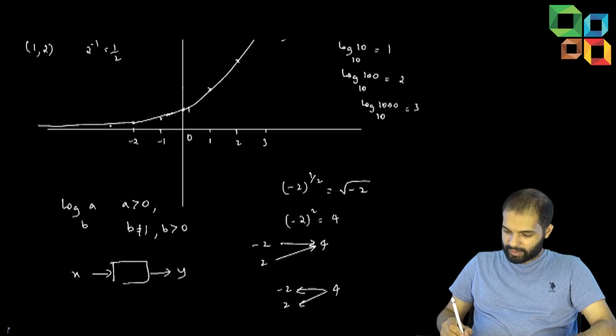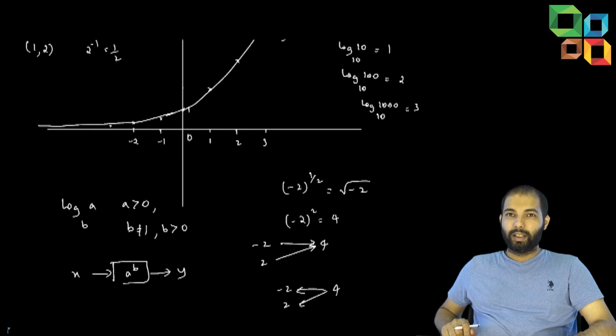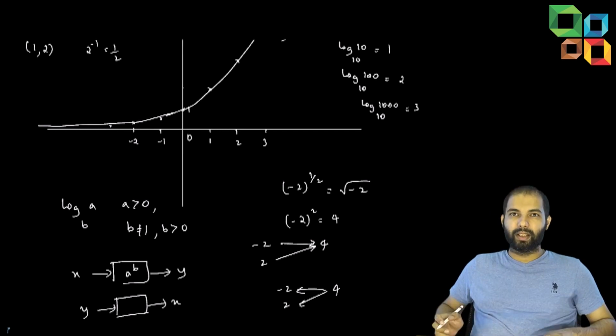Say it's the exponential function, a power x. I don't want to confuse you with a power x, so say a power b. The variables are different here. I'm just randomly putting a function. So now I'm saying the logarithm function takes in y and gives out x. This is again a function, right?